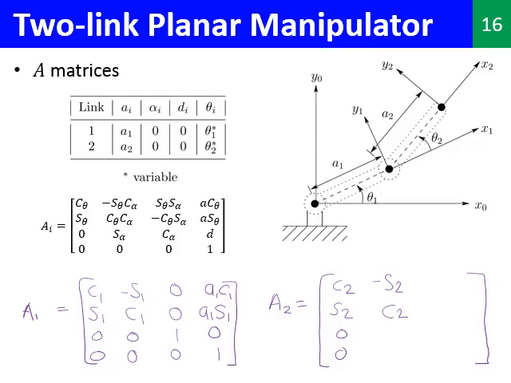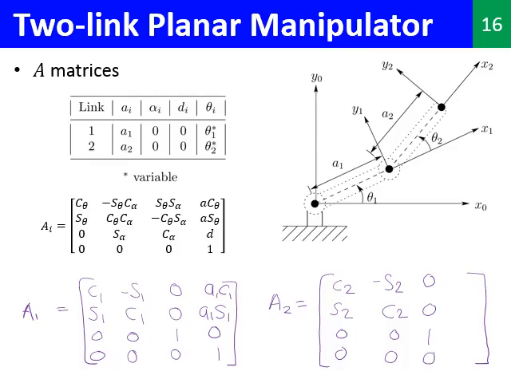Alpha 2 is also 0, therefore this is 0 and this is also 0. Third column, we have sin alpha term where alpha equals 0, therefore it is 0. This is also 0. Cos alpha where alpha is 0, therefore this is going to be 1 and this is 0.